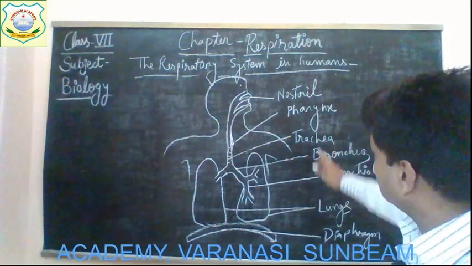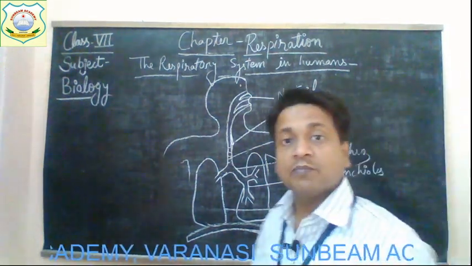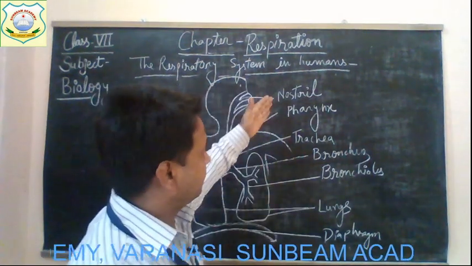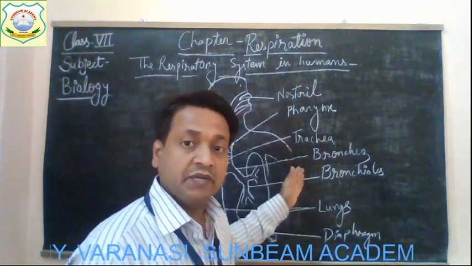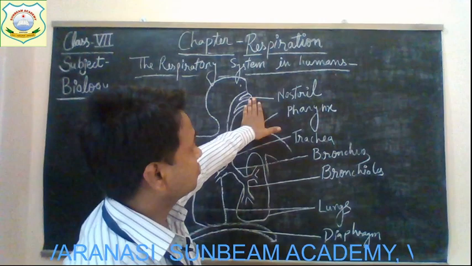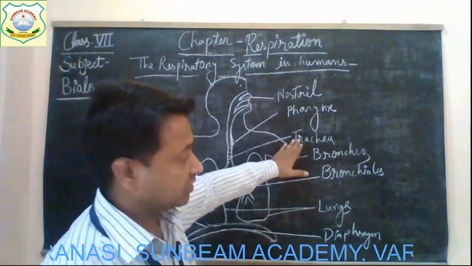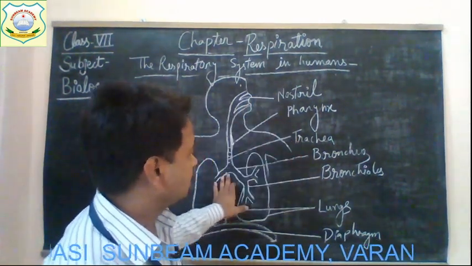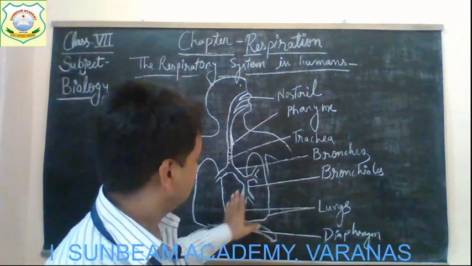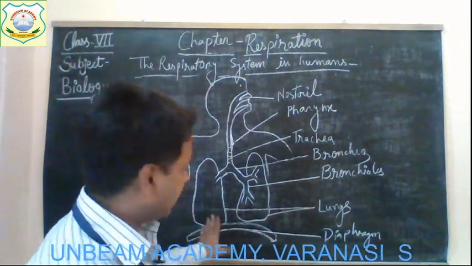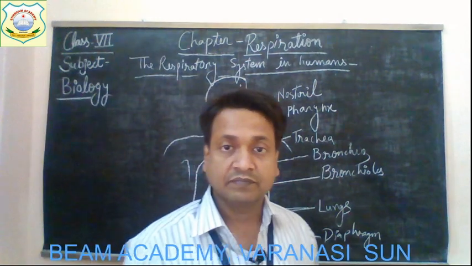Alright, children. So these are some important organs or important parts which are present in the respiratory system in humans. This one is nostril, pharynx, trachea, bronchus. These are bronchioles. These two are the lungs, and below the lungs, diaphragm.